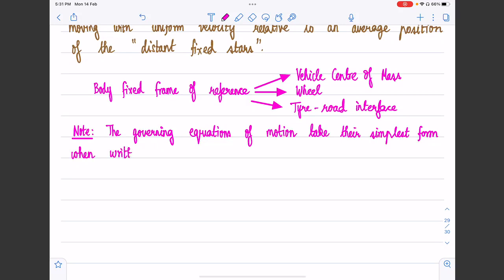So that is why we typically choose an inertial frame of reference and write down all the governing equations.